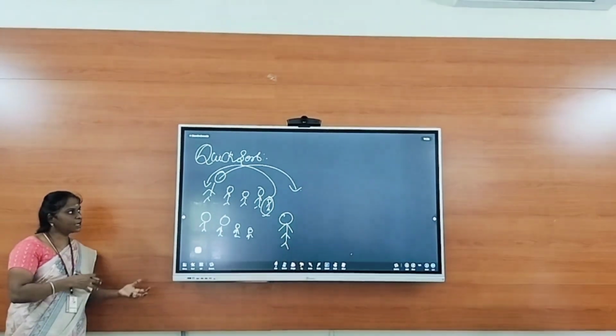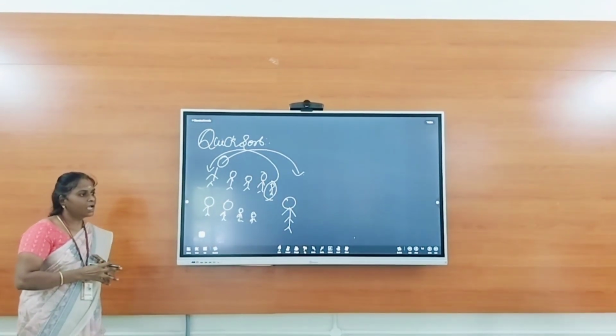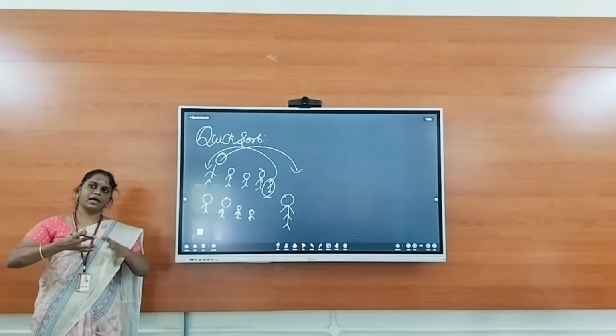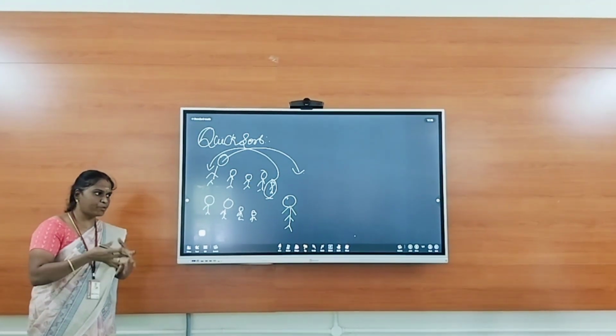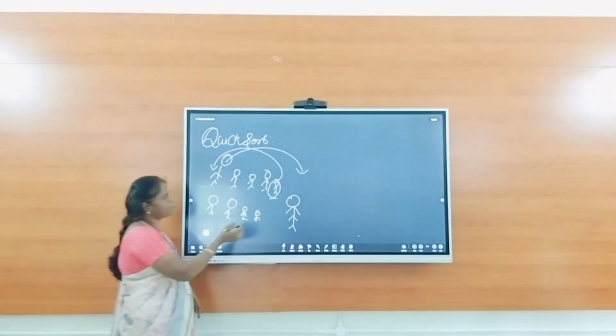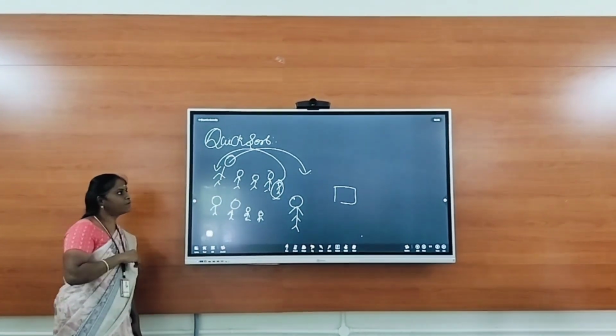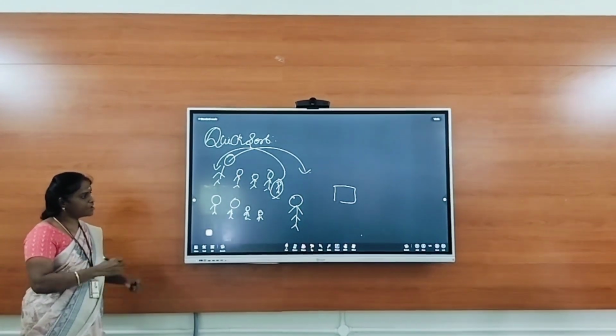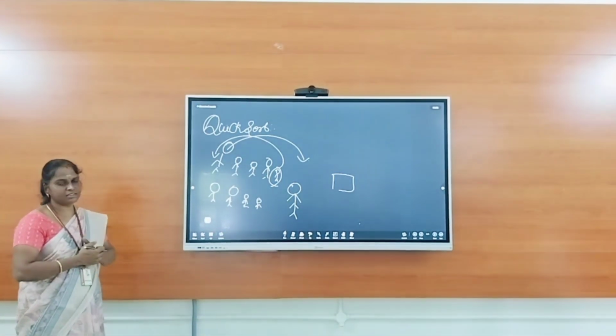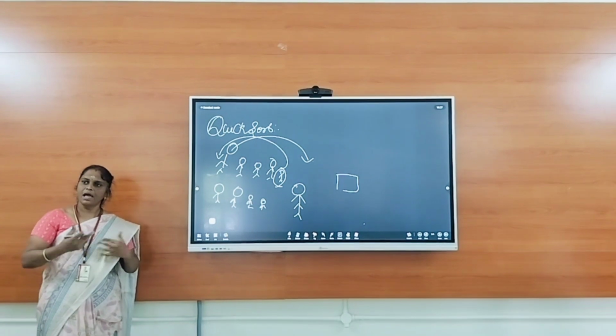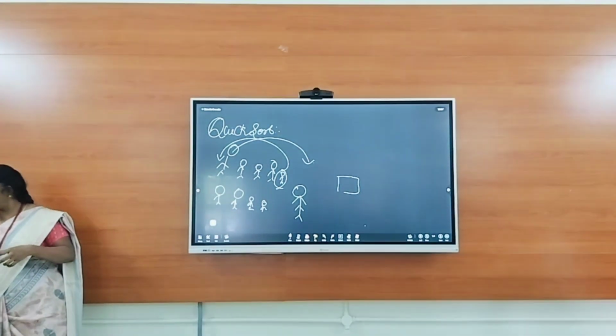So that is the way quick sort will work. He identified the correct sorted position. So the sorted position is identified correctly. We see for that example how quick sort will work, by taking some numbers.